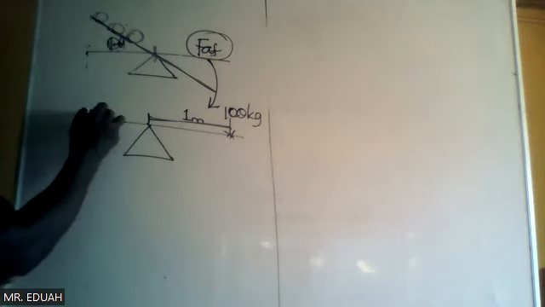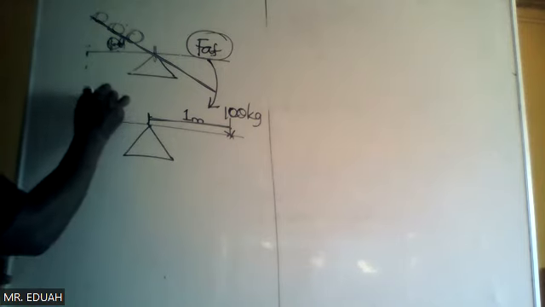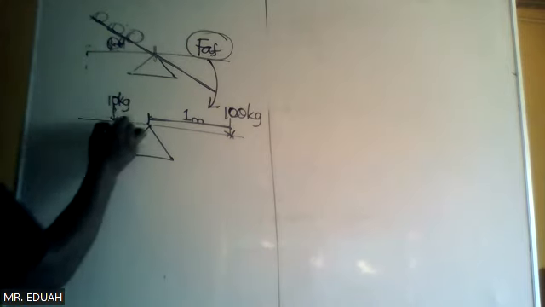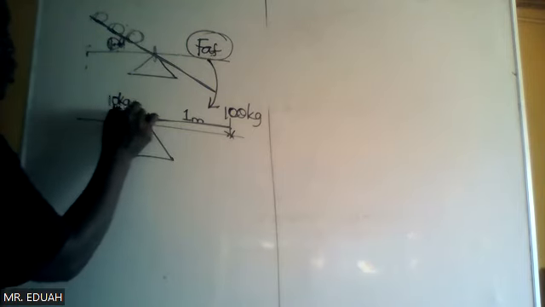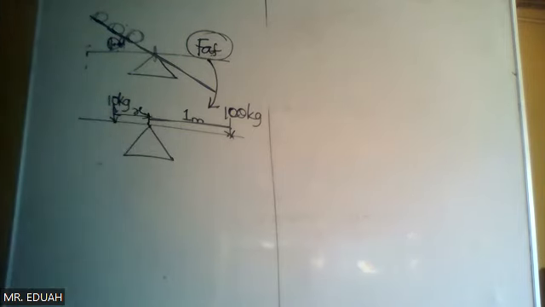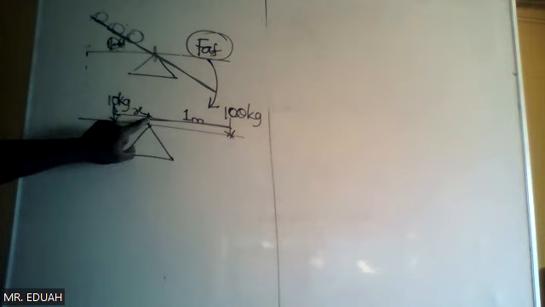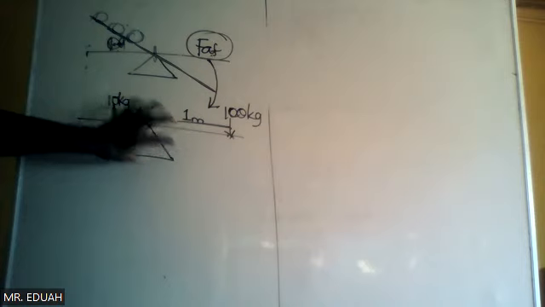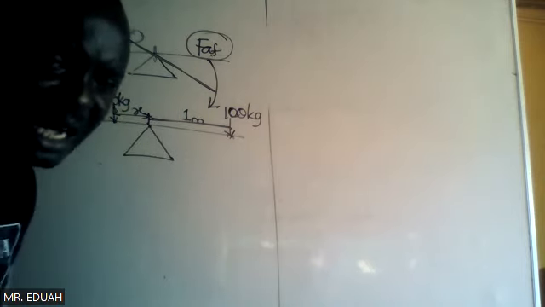Then we have a mass of 10 kilogram sitting beside an unknown perpendicular distance. We can figure out the perpendicular distance away from the pivot where the whole system will be balanced.